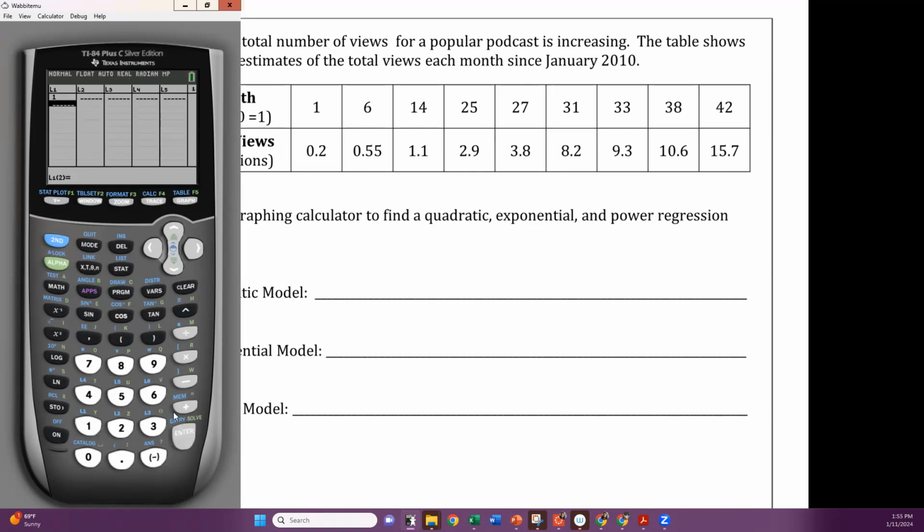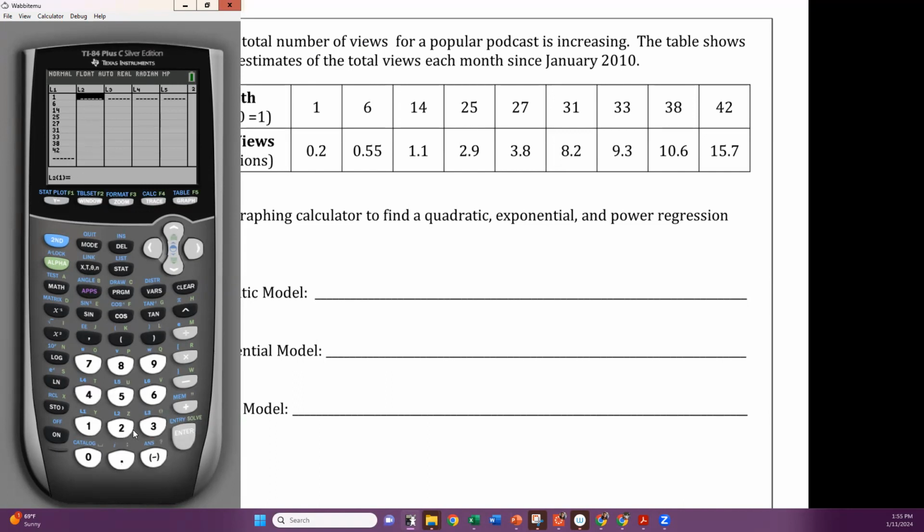So we have 1, 6, 14, 25, 27.1, 33, 38, 42.